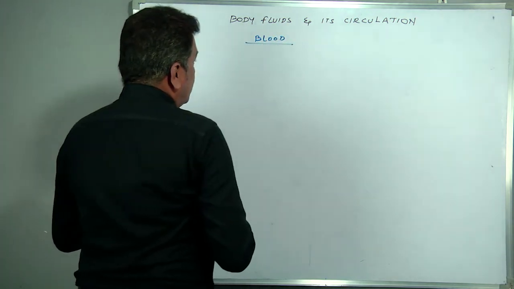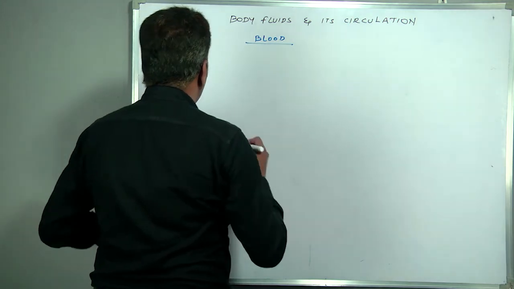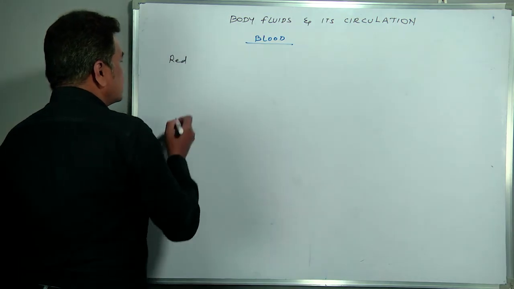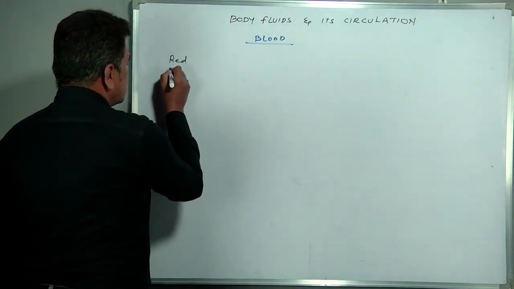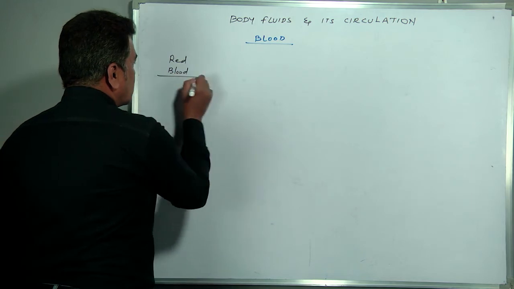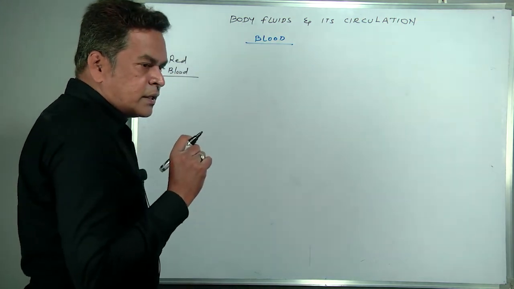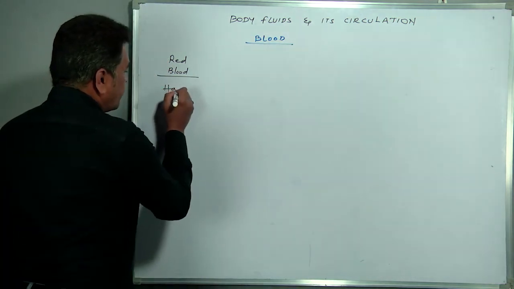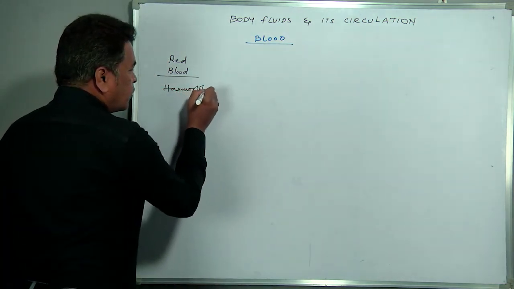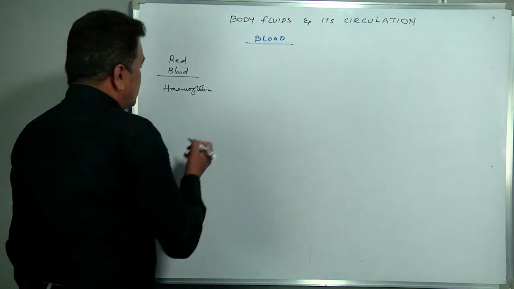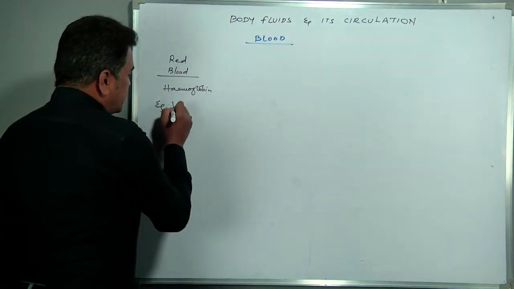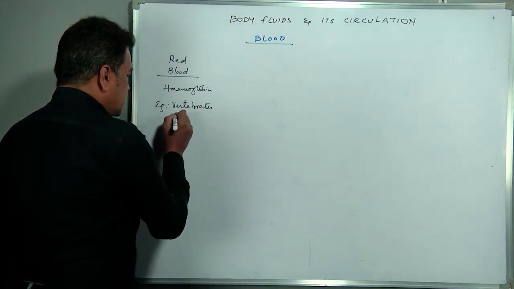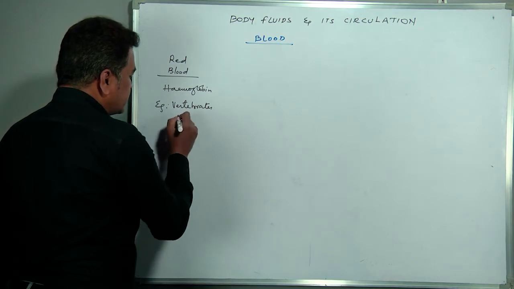Here, the color of the blood: red blood. What is the major component here? Why does the blood look red? It is because of hemoglobin. For example, you can take vertebrates, including human beings.